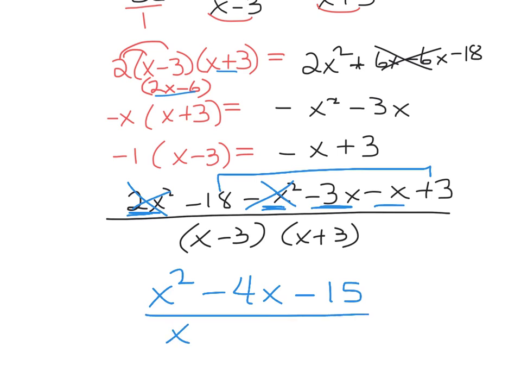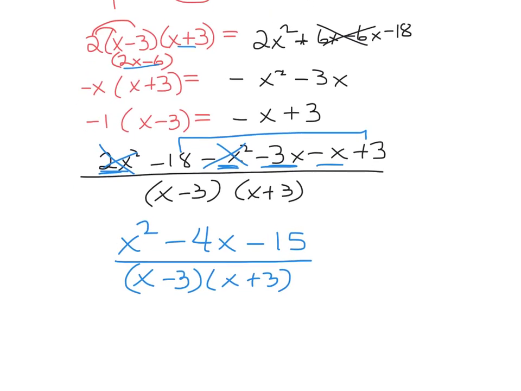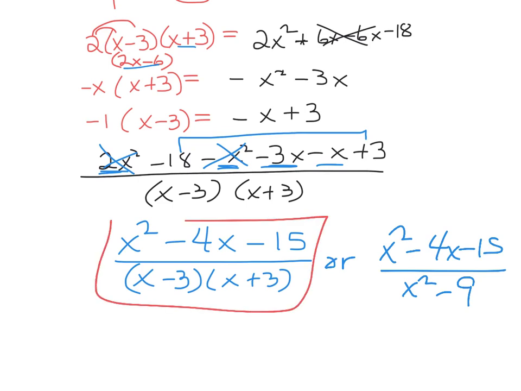For the denominator, you can leave it factored, or you can multiply it if you wish. If I FOIL that denominator, it is going to give me x squared minus 9. So either answer I would accept.